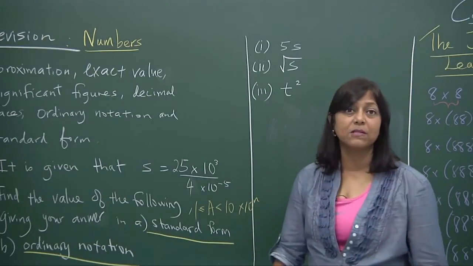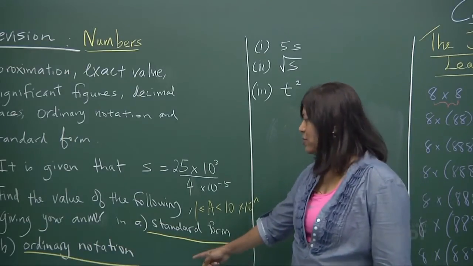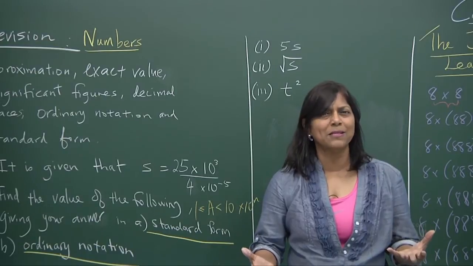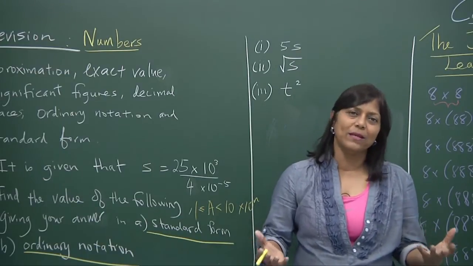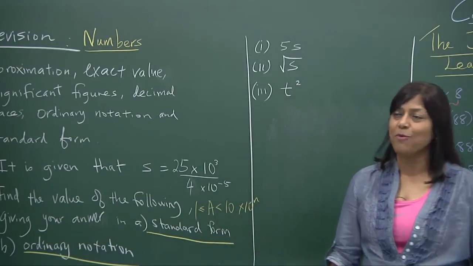The n can be a positive or a negative integer. And when it comes to ordinary notation, they want the full value, because sometimes people can't read it, they want to see the exact value. As we go along, we'll see more of it.